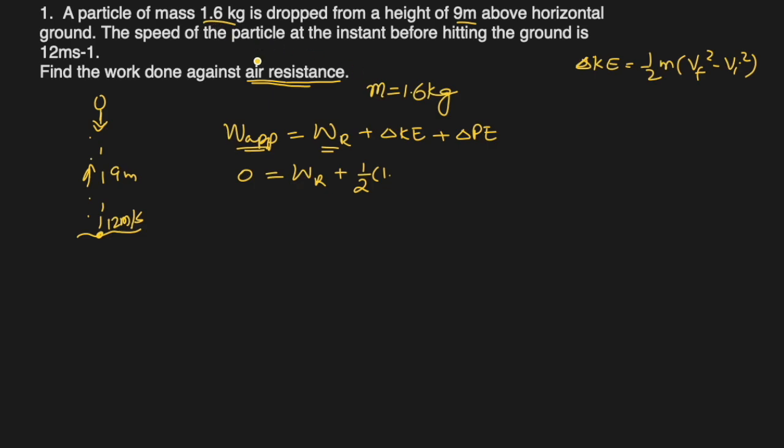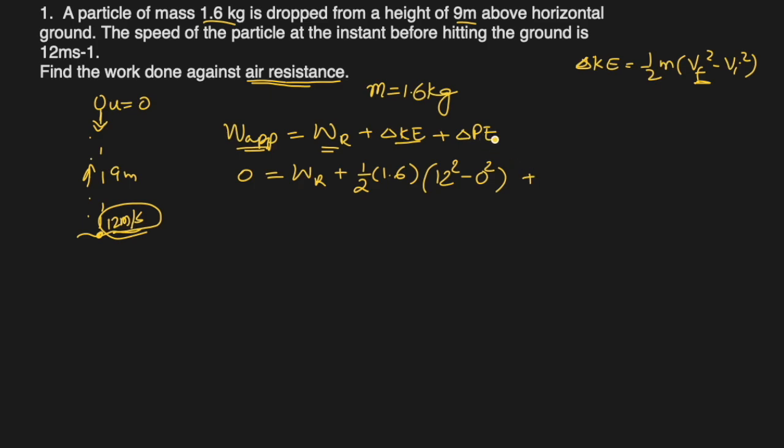Mass was given, 1.6 kilograms. Then we have the final velocity here, 12 meters per second, minus the initial velocity. What was the velocity here? U was 0 because it was just dropped. It was not thrown down. It was just dropped, let go. So that will be the change in kinetic energy.